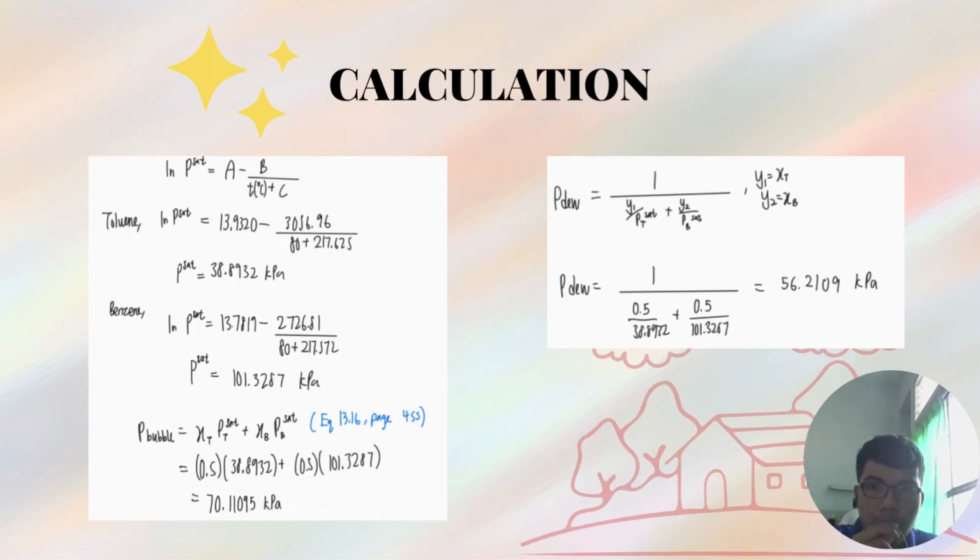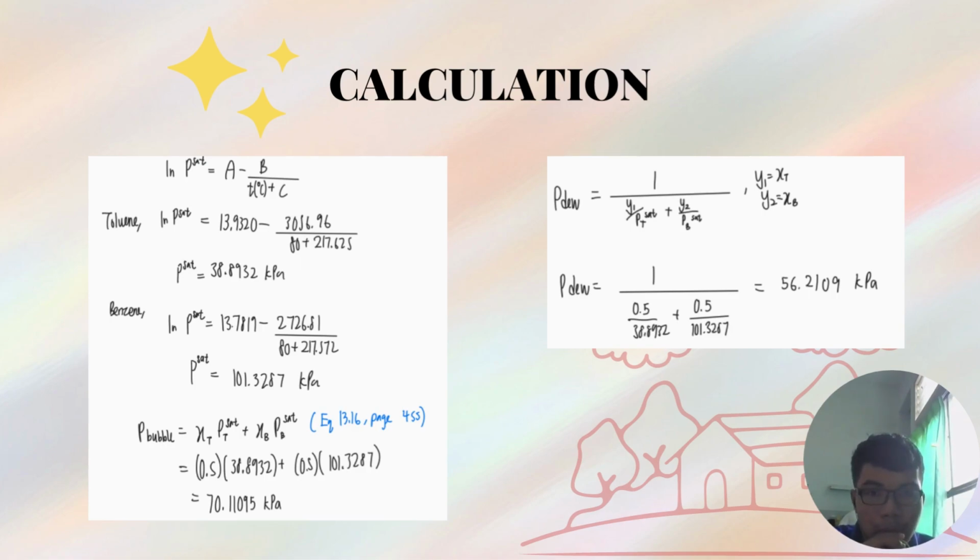Next, by using the Antoine equation, which is ln Psat equals A minus B over T plus C. For Psat toluene, we can get 38.8932 kPa. For benzene, Psat equals 101.3287 kPa.